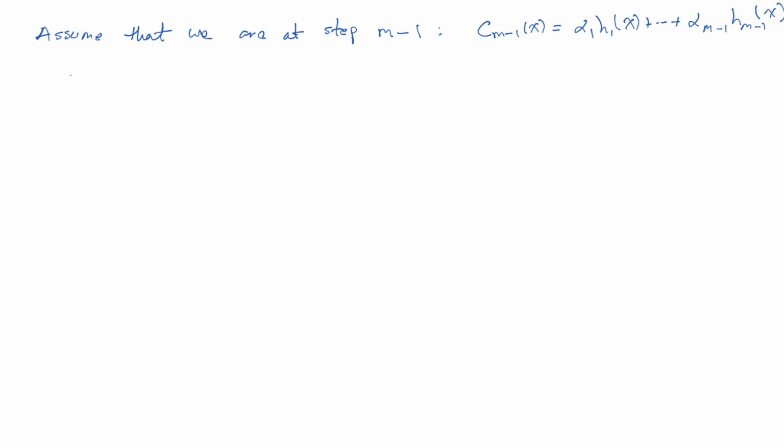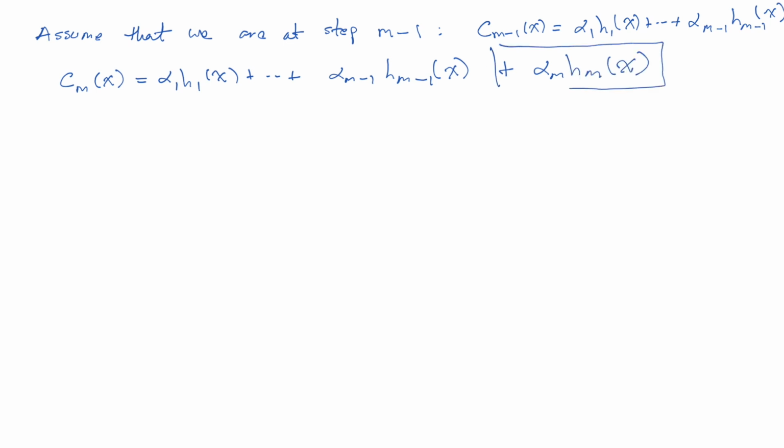So how do we add the additional piece, alpha m h_m of x? We need to know how to pick these two to add to this model, and we assume that these m minus 1 pieces are already known. We can rewrite this as C_{m-1}(x) plus alpha m h_m(x). The first m minus 1 pieces are just the previous model, and all we're adding to the previous model is this alpha m h_m piece.